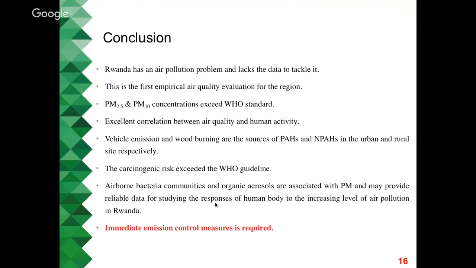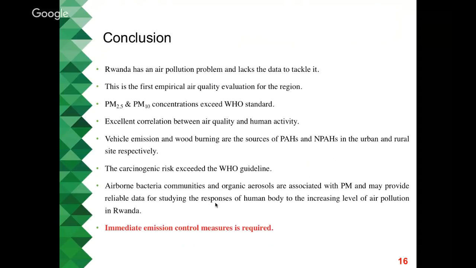Vehicles and wood burning are the major sources in the city and the rural location, respectively. Carcinogenic risk exceeds the World Health Organization guideline. These airborne bacterial communities and organic aerosols are associated with these particulates.